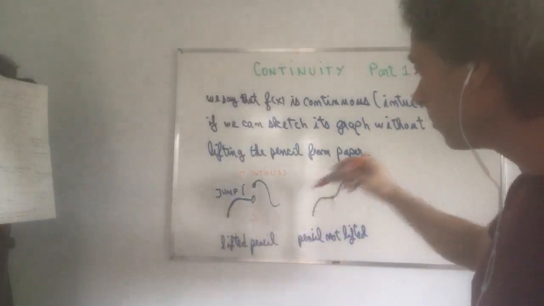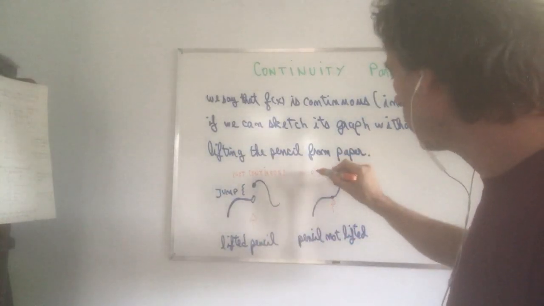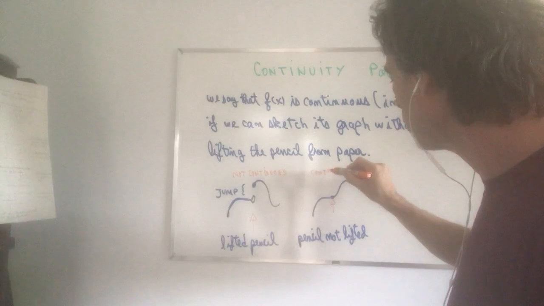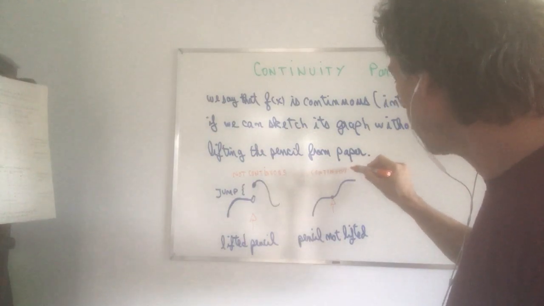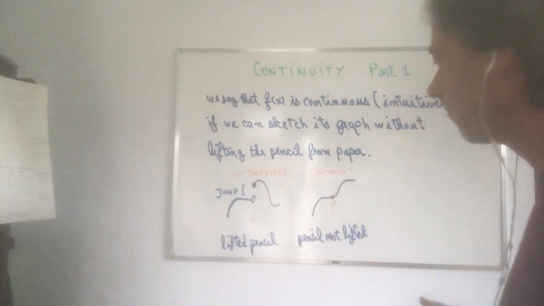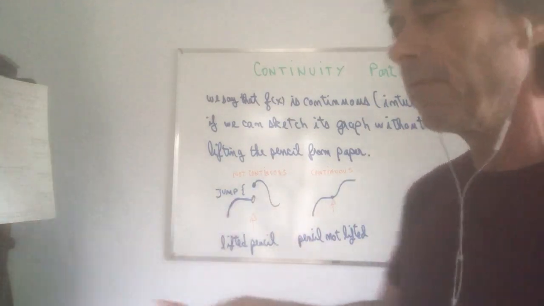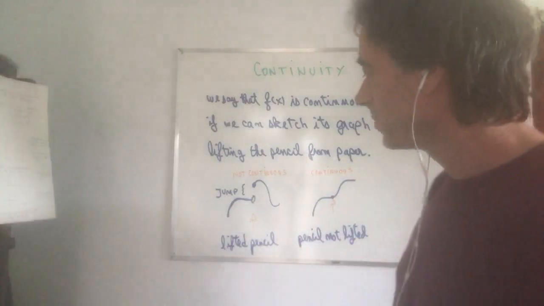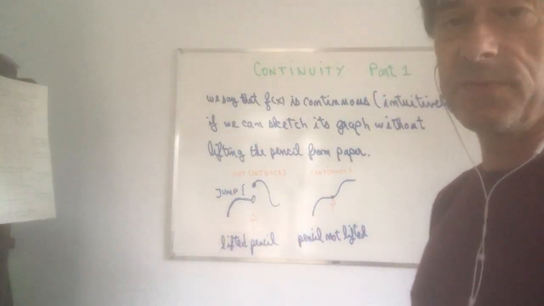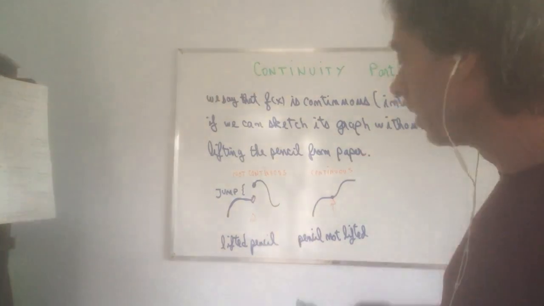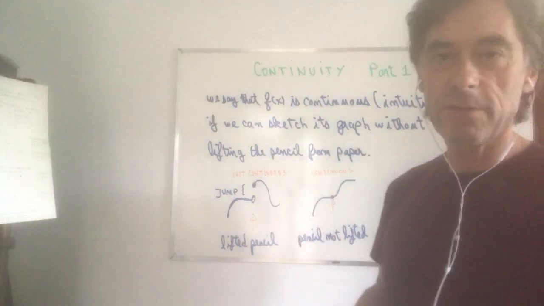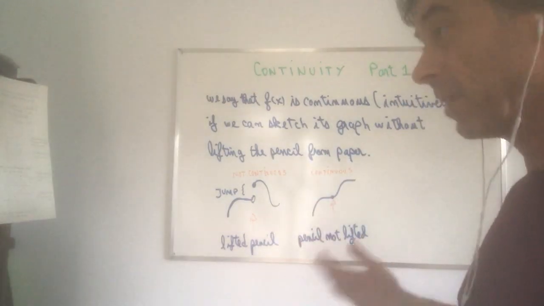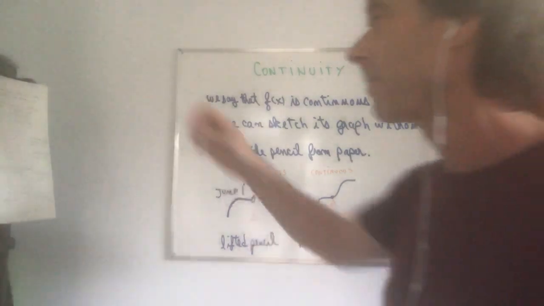A graph like this, which is smooth, where there is no jump, is a continuous graph. Once again, this is not a very formal definition. A formal definition will follow, but it gives you an idea of how this works out. What we're going to do in this video is explore how discontinuous graphs relate to the existence of a limit at a certain point.